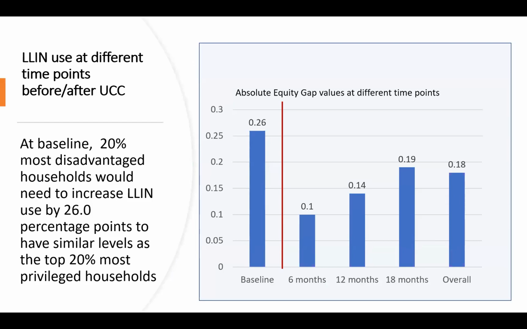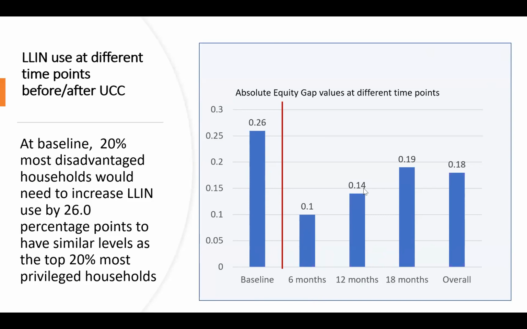So when we went ahead to try to look at the early LLIN use at the different time points using the absolute equity gap values at these different points, we saw that at baseline we had a value of around 26, while at 6 months it was around 10%.